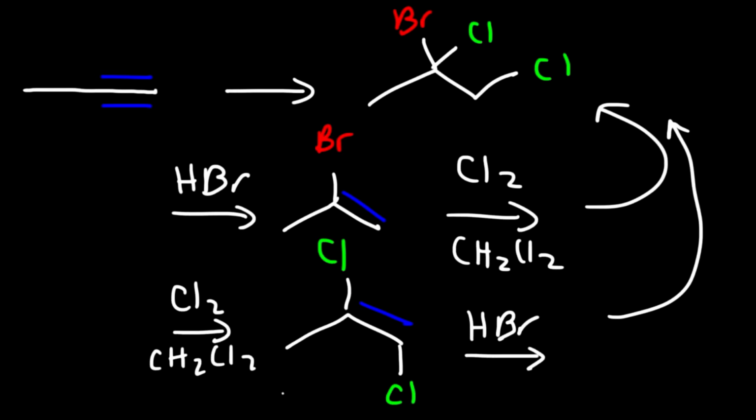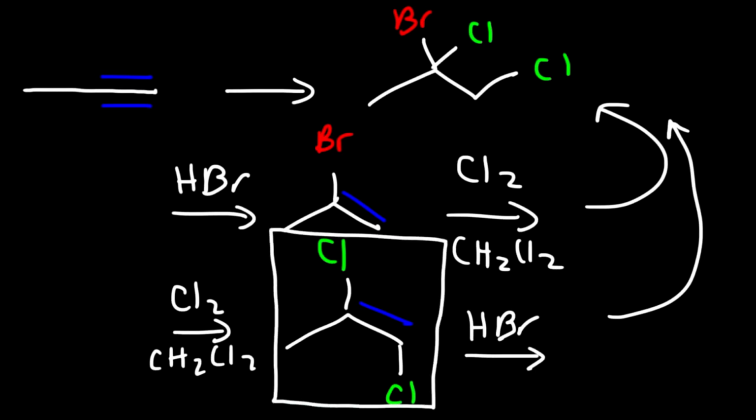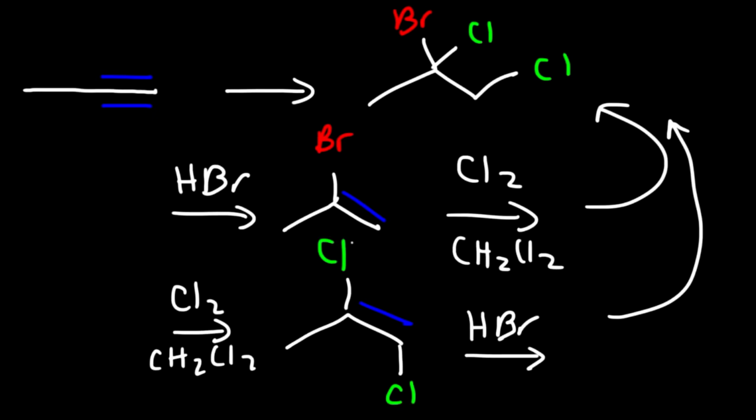Now it's important to understand that this particular intermediate is less reactive than this one. And the reason for that is there's 2 electron withdrawing groups that pull away electron density from the double bond, making the double bond less nucleophilic. Whereas this one only has 1.